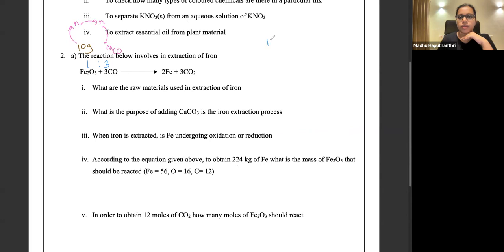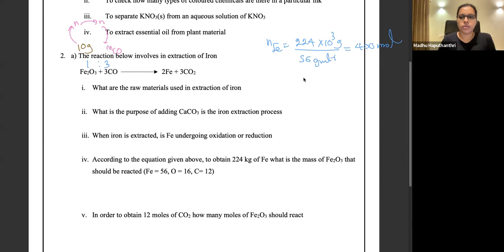So, n of Fe is mass over molar mass: 224, I'm converting this to grams, divided by 56. Then this is giving us 400 moles. 400 moles are coming. Then tell me, to obtain this many moles, how many Fe2O3 do I require?